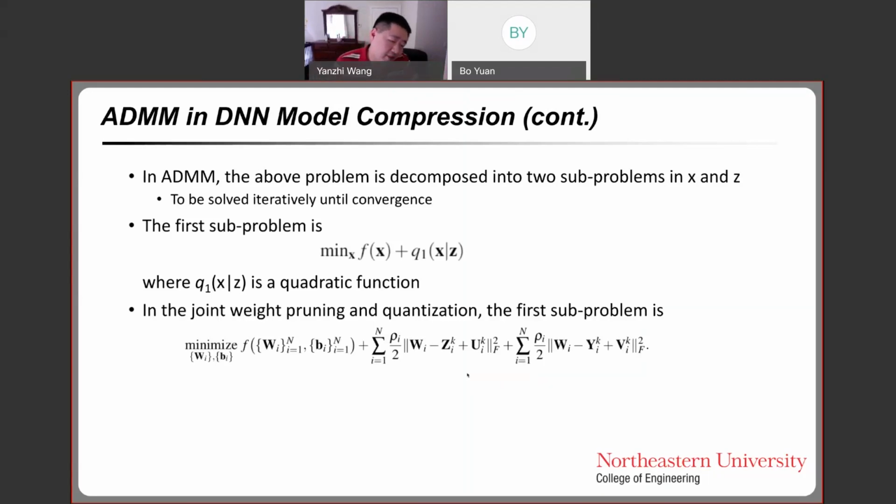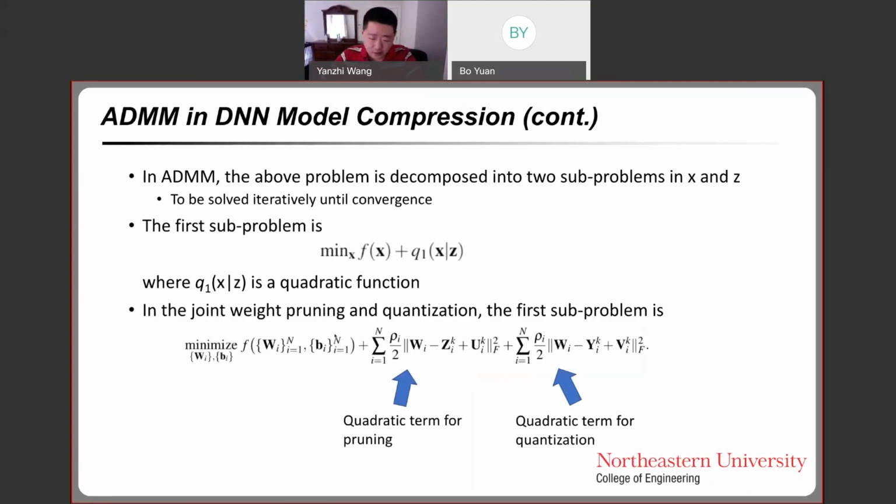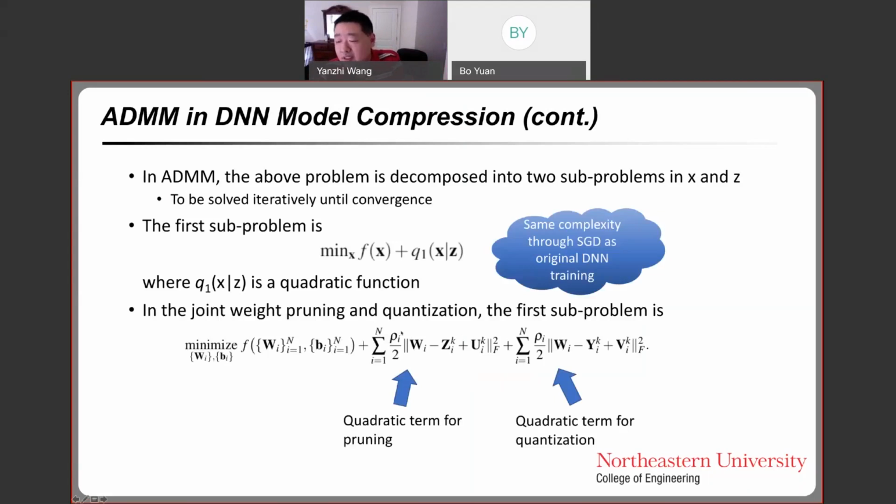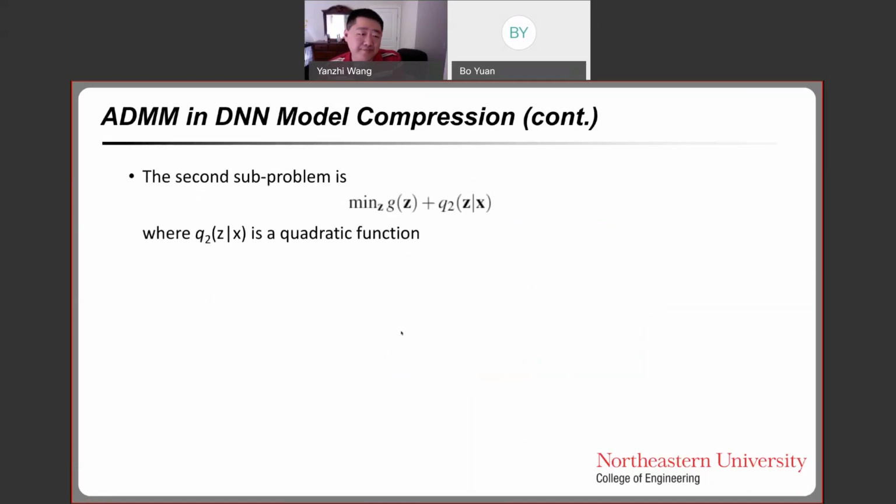The first term, f, is the loss function of the neural network, the second is for pruning, and the third is for quantization, and we are going to find w, the weights. So this is actually a regularization problem, and it should have the same complexity through stochastic gradient descent as the original neural network training. This is the first subproblem.